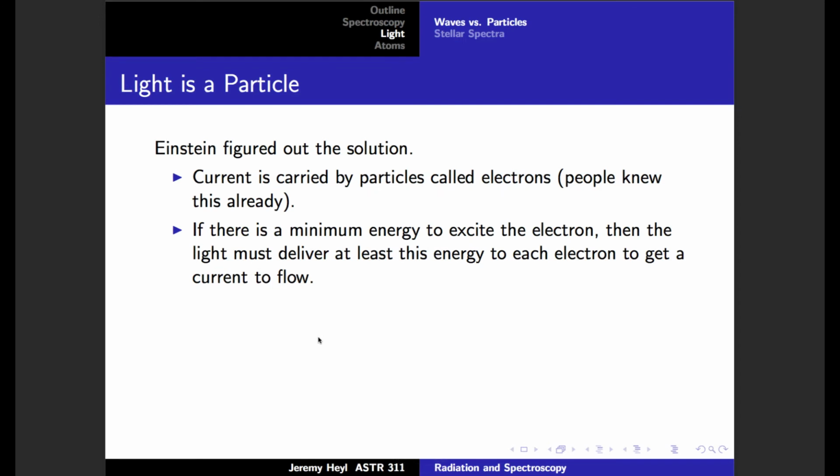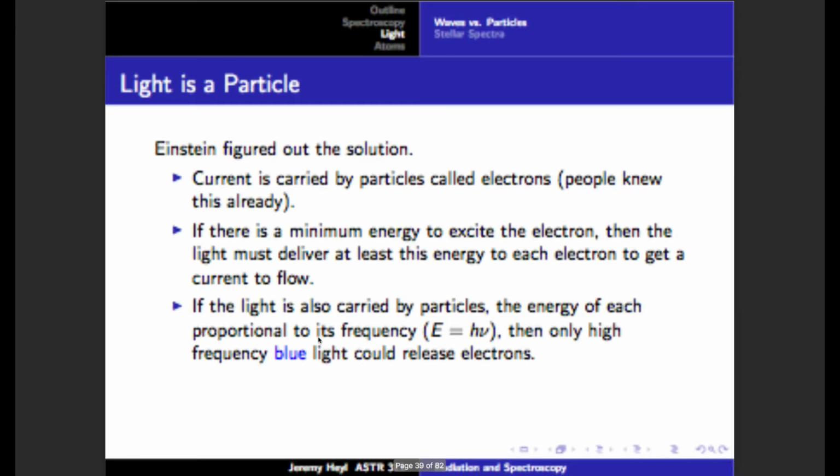So what Einstein figured, quite naturally, was that the electron is trapped in the metal, and I have to give the electron a certain amount of energy for it to escape from the metal and a current to flow.